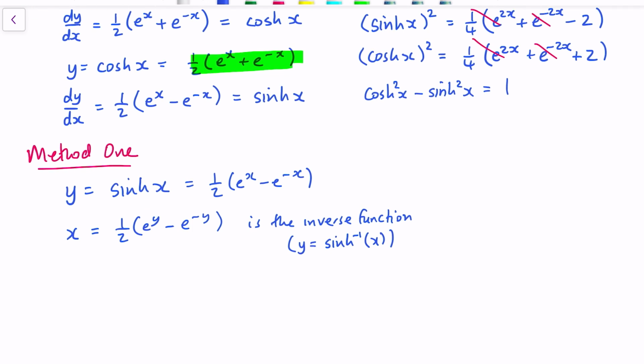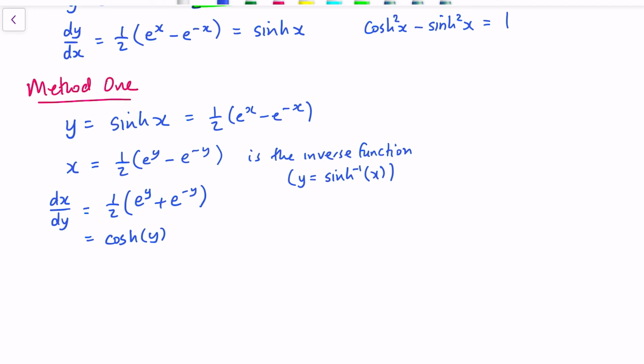Okay, now I could make y the subject of that. If I did that, I would have the inverse function. But written as this, I can implicitly differentiate. I can find dx dy. A half e to the y plus e to the minus y. And that is equal to cosh of y.